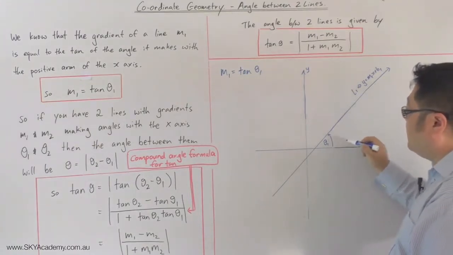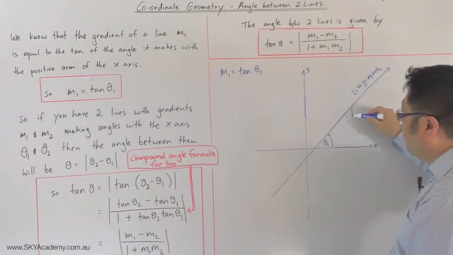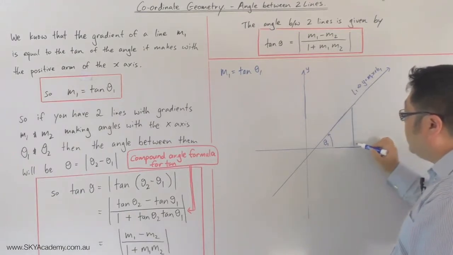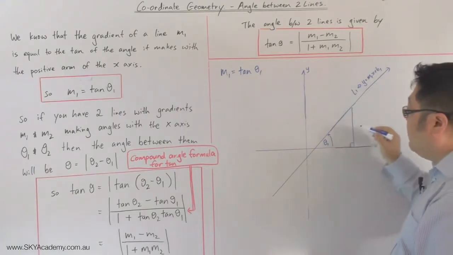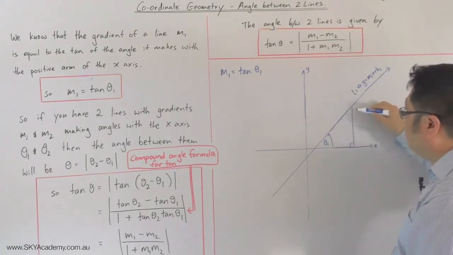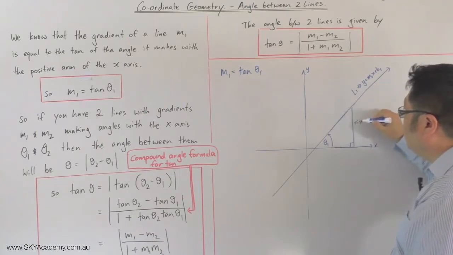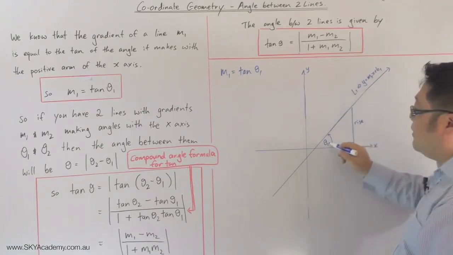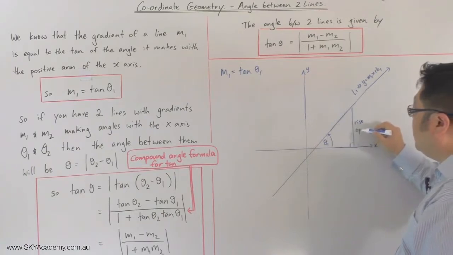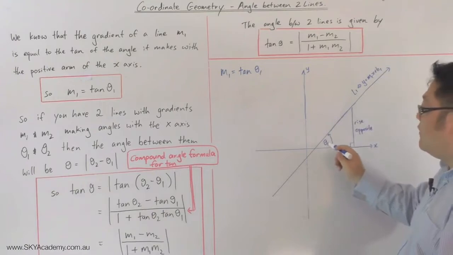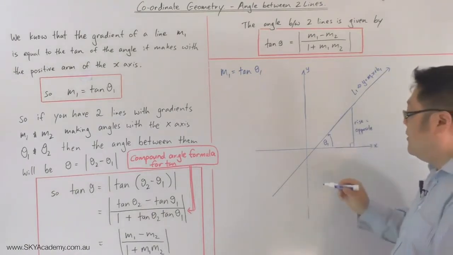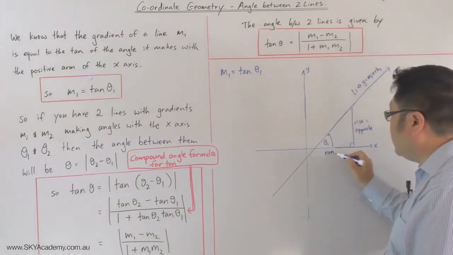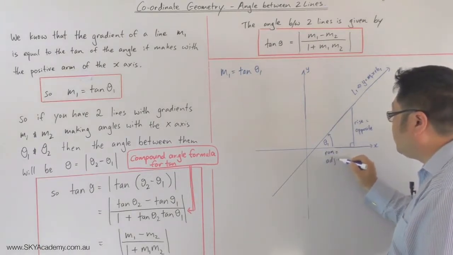If you were to drop a perpendicular there and make a right angle triangle, this bit here would be the rise of the gradient, but it would also be the opposite side to theta 1 in the right angle triangle. So your rise is equal to the opposite side, and your run is equal to the adjacent side.